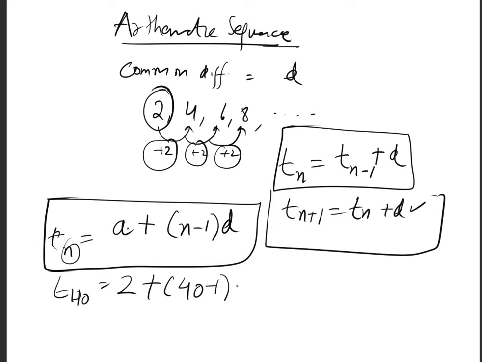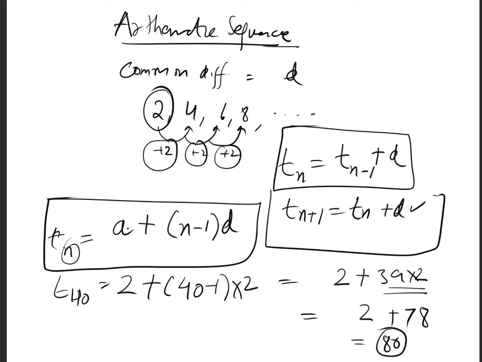So I say 40 minus 1 times 2. So you get 2 plus 39 times 2. 39 times 2 is 78, plus 2. So the answer is 80. You directly go to the 40th term using the nth term formula.